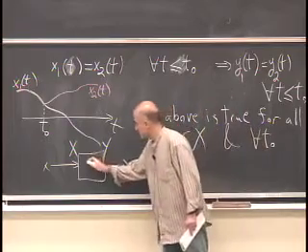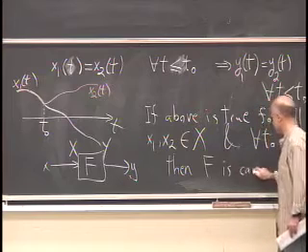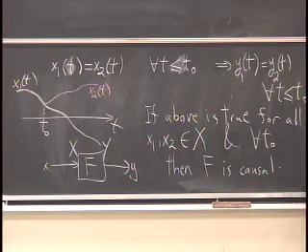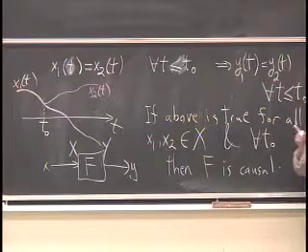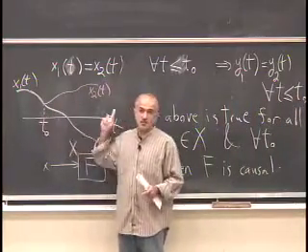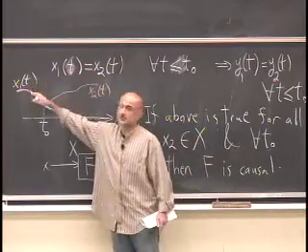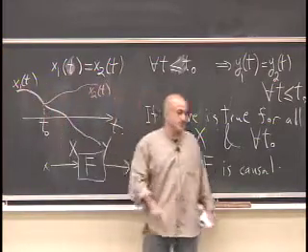The system, let's call it F. F is causal. So it's not sufficient that just for one pair of signals or for just one such time instant this property holds. This property must hold for all such pairs of input signals in all such cutoff times t naught.